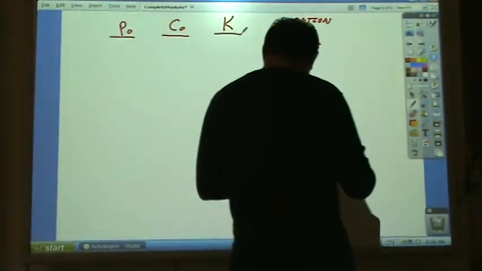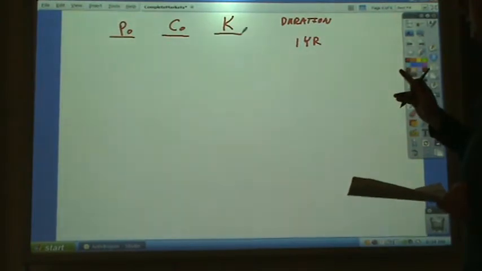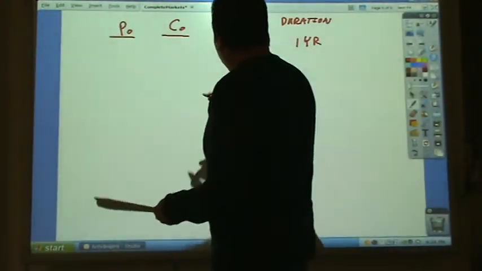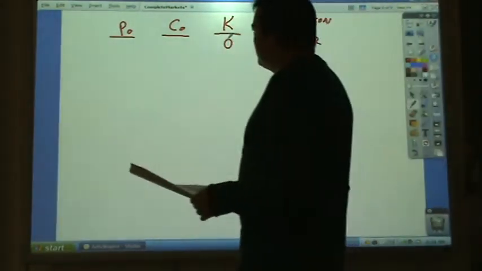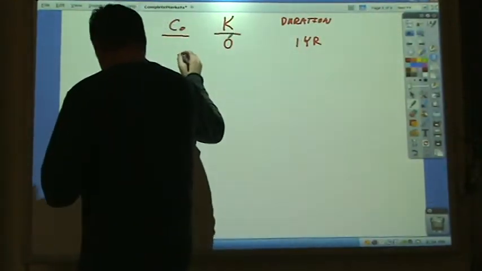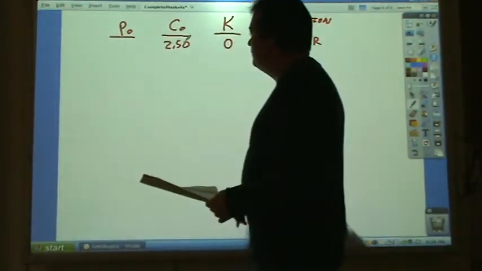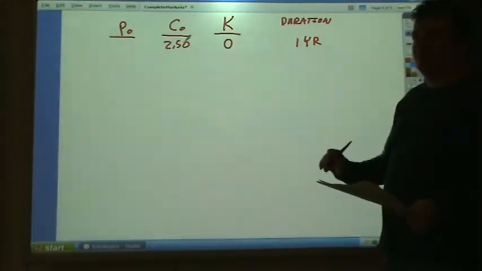Suppose we said the call price for a stock that had a strike price of 0, even though that wouldn't exist in the real world, we'll just start from 0 and go to infinity. The call price was $2.50. What would the price of a put be? You get everything below 0.